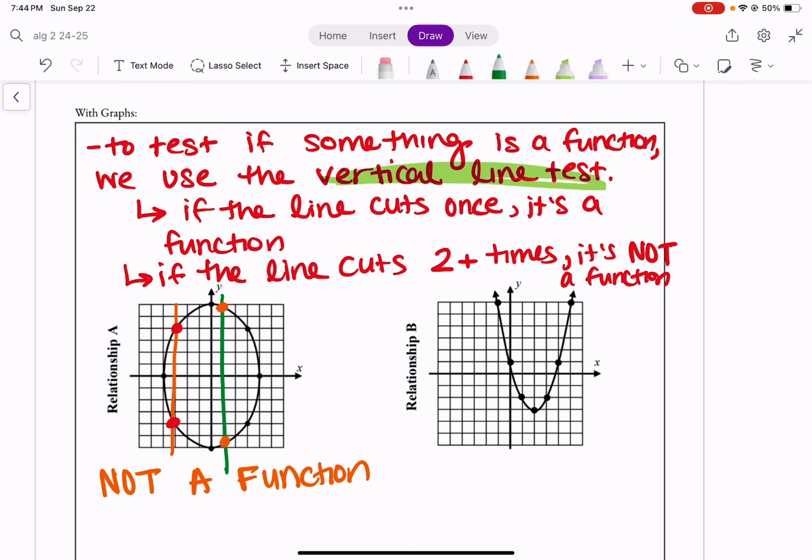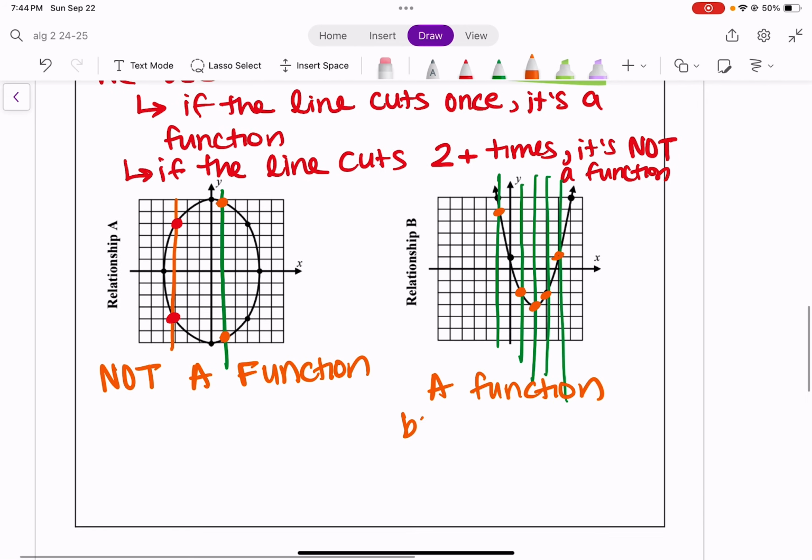Versus in relationship B, if you notice, no matter where I draw a vertical line, it's only hitting once, right? It never cuts through twice. So this is a function because it only cuts through once, okay?